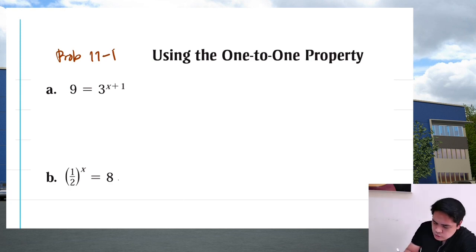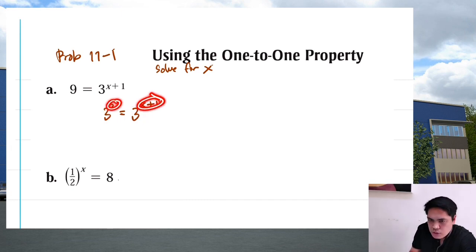So, yung gagawin natin dito is to solve for x. In this case, sa letter A, sobrang dali lang. Ipareho natin yung base. So, yung 9 could be written as 3 squared, right? So that's equal to 3 raised to x plus 1. So, if they have the same base, that means the exponents are equal. Diba?